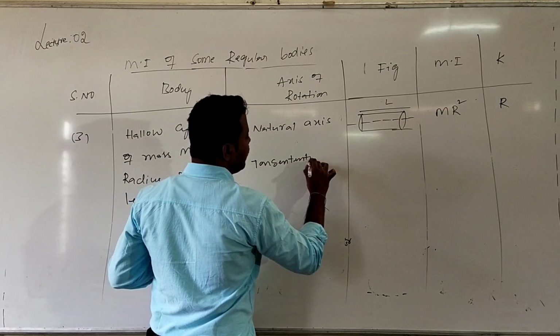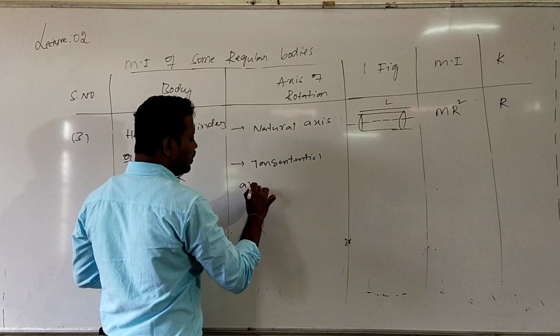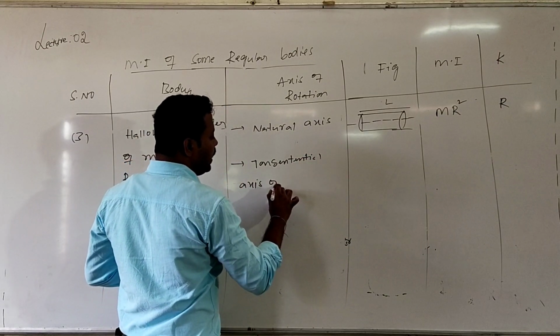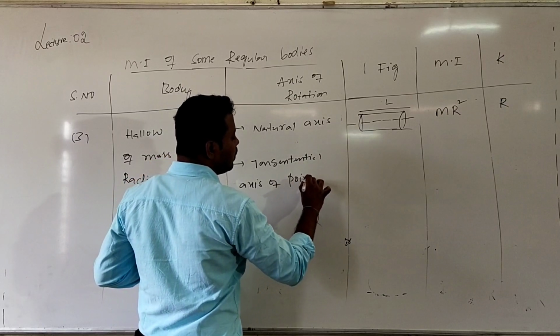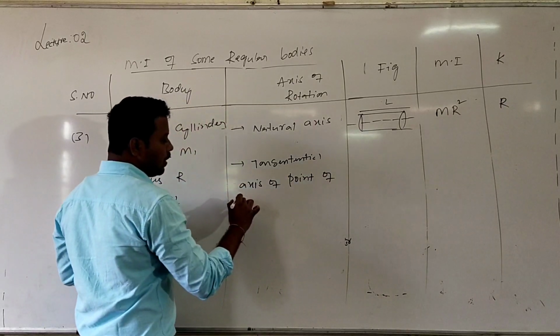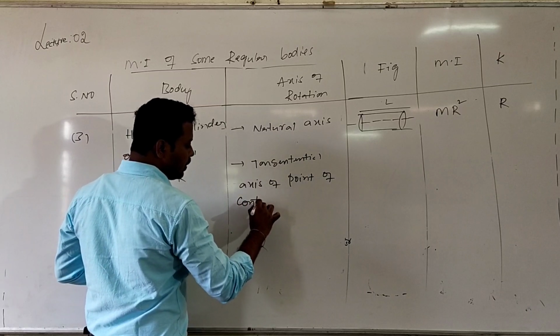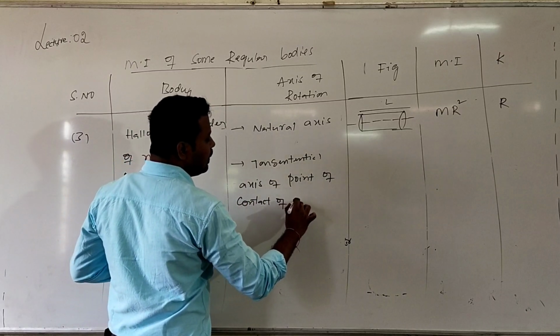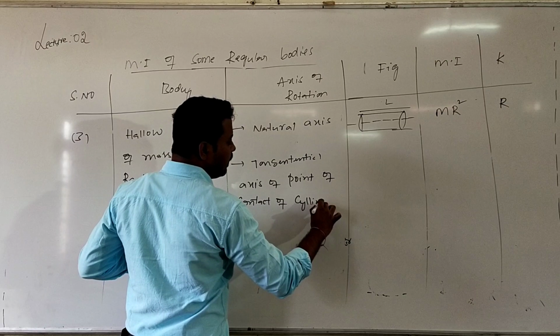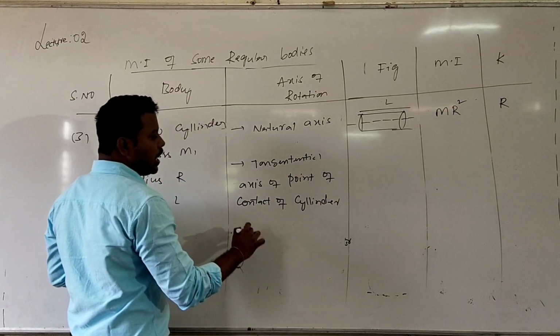So if I want to calculate about a tangential axis, at the point of contact of the cylinder with the ground.